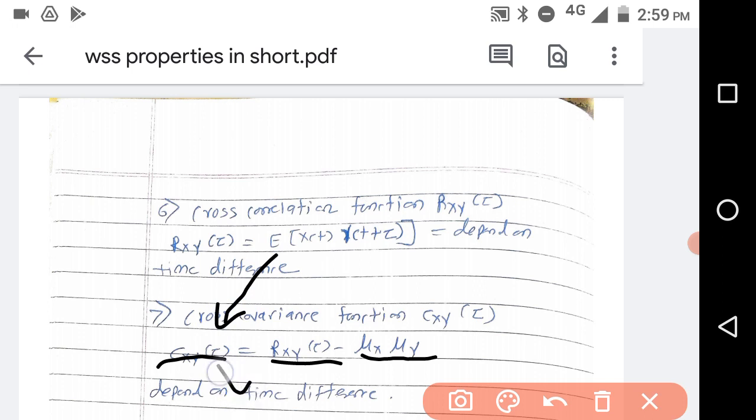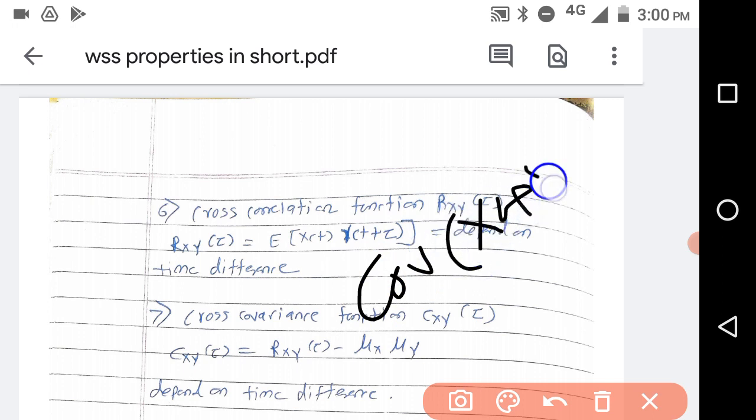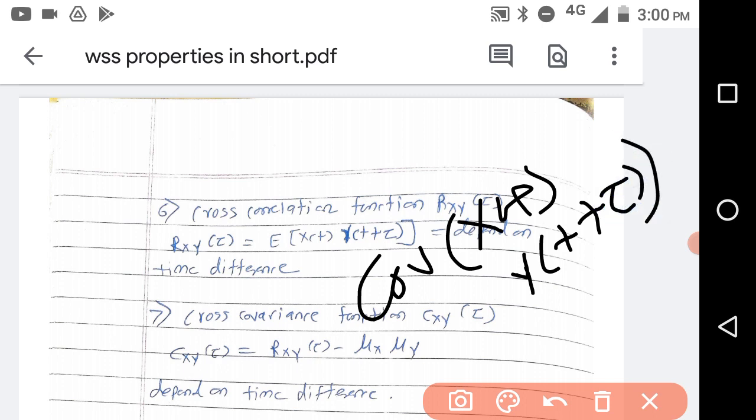Cross covariance is also dependent on the difference between the time instances, not on the individual time instances. Covariance we can write as covariance of x(t) comma y(t plus tau), but instead I have directly written Cxy(tau) because this is the property-listing video.